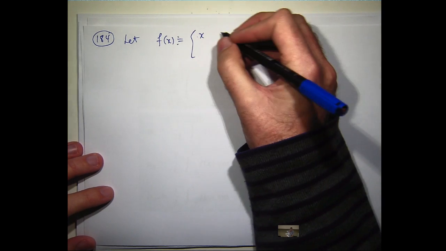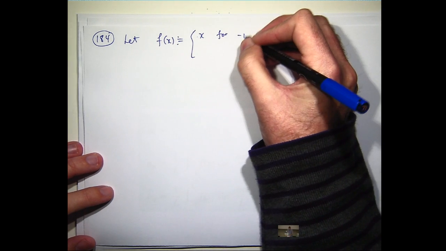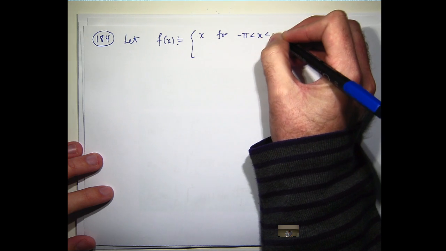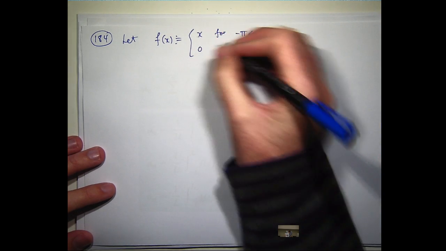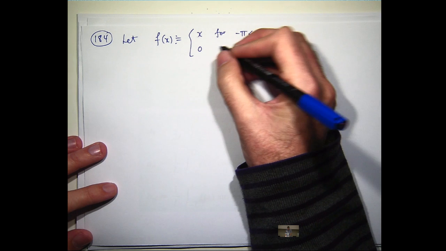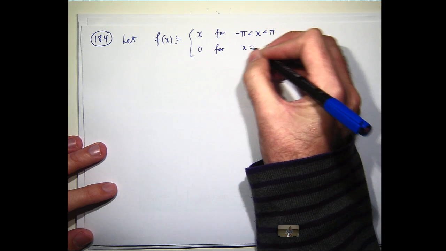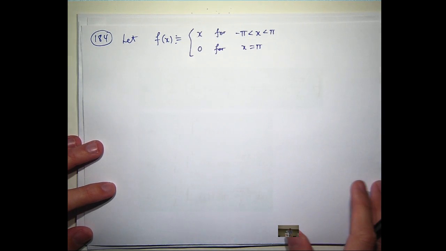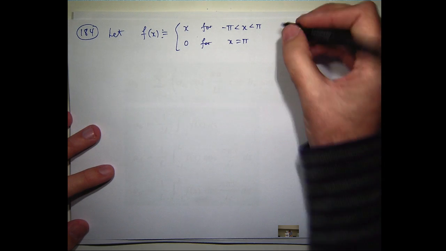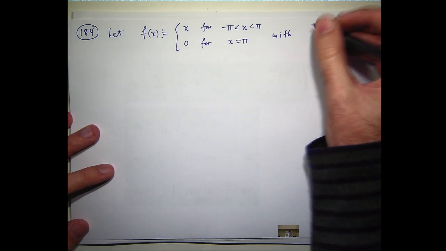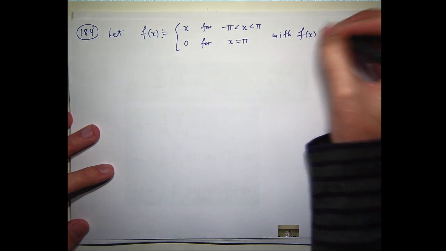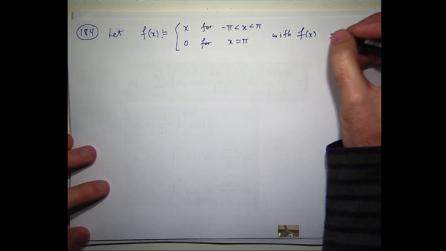It's defined as x for x strictly between minus pi and pi. And it's also defined to be 0 at the point x equals pi. Now we're also told that our function is periodic with period 2 pi.